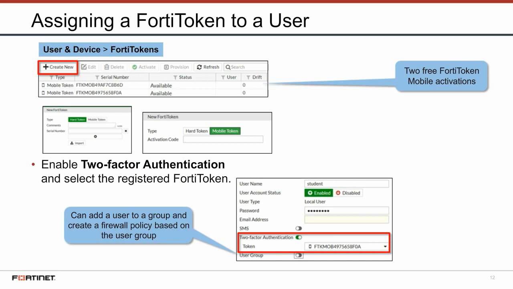Once you have registered the FortiTokens with FortiGate, you can assign them to users to use as their second-factor authentication method. To assign a token, edit or create the user account and select Enable Two-Factor Authentication. From the token drop-down list, select the registered token you want to assign.